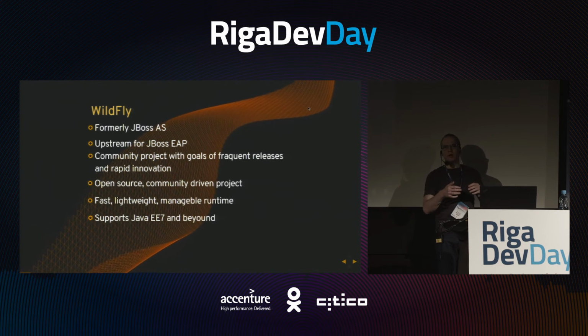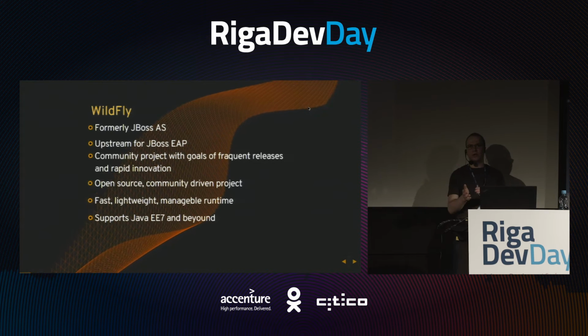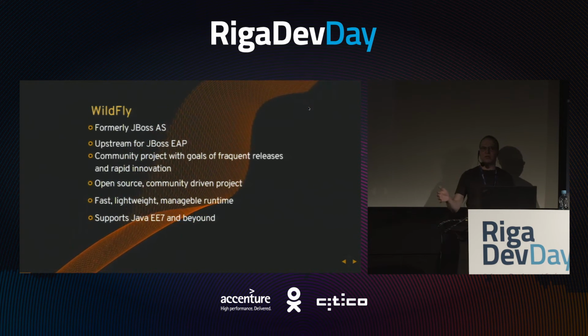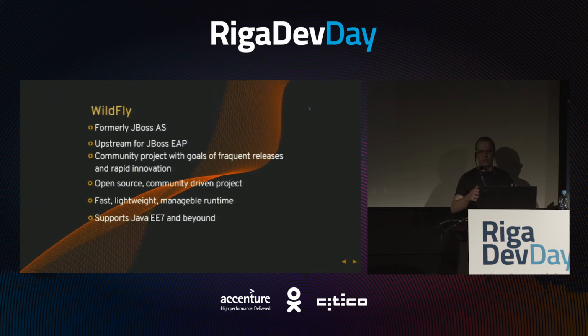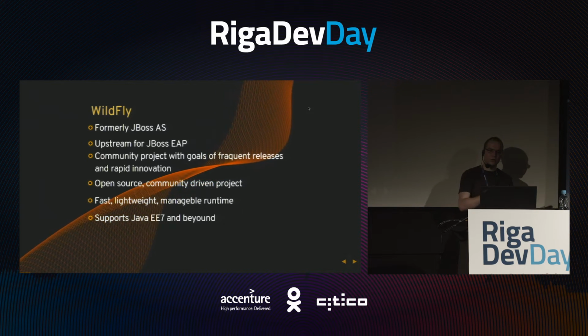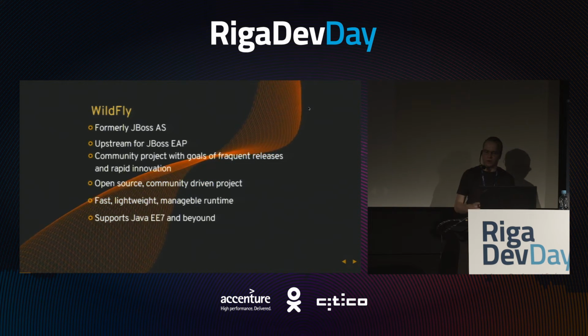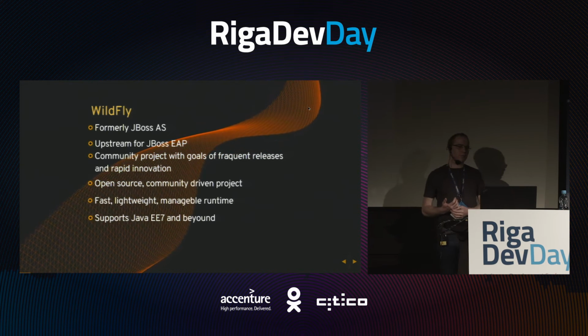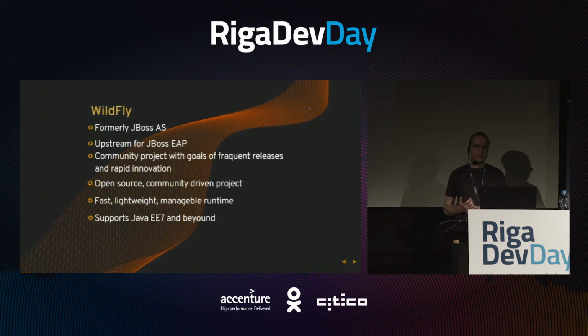So WildFly in its full distribution is a fully EE7 compliant application server, but it can be easily extended, and now we are going also in a different direction. It can be easily trimmed down, so you can create your own distribution of WildFly quite easily, which will contain only those parts of the application server that are needed in your use case. I will be showing this in one example in just a moment.